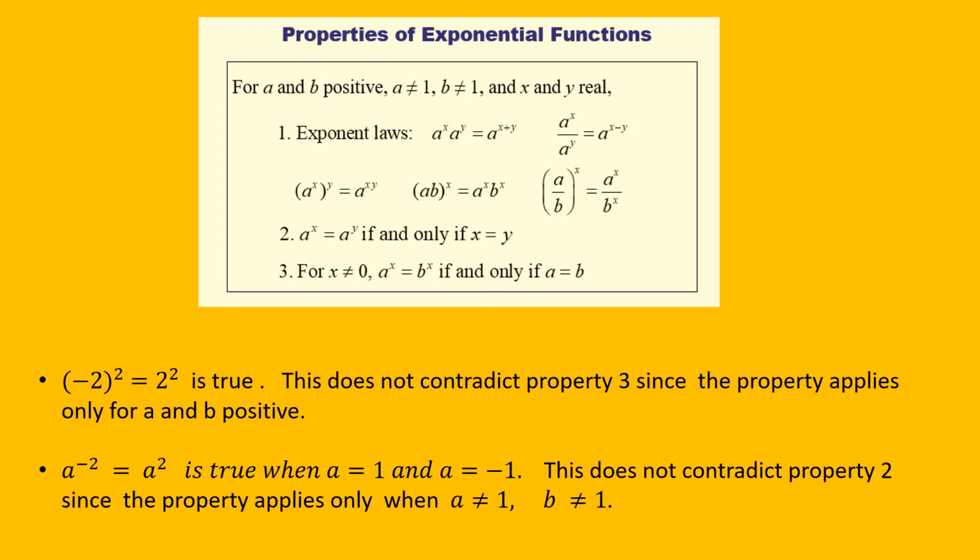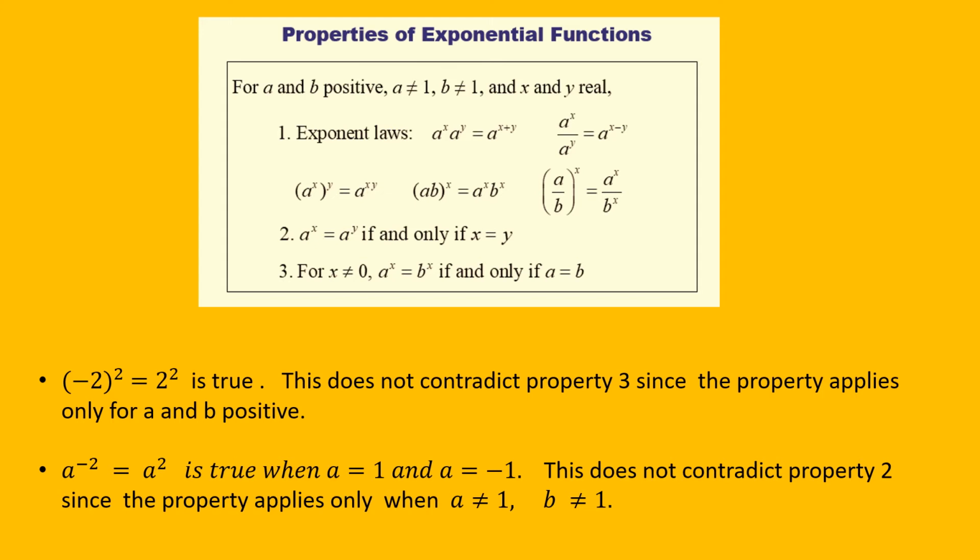No, because in our property, a raised to x equal to b raised to x holds if and only if a equal to b, provided both a and b are positive, a not equal to 1, b not equal to 1. In our case, a is negative, which is -2, so it is not positive. b is positive, b is 2, but b is not equal to 1. So it does not contradict the property.